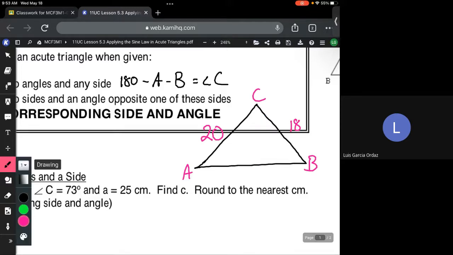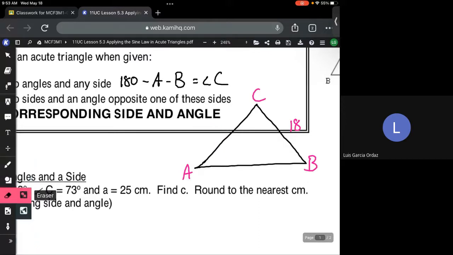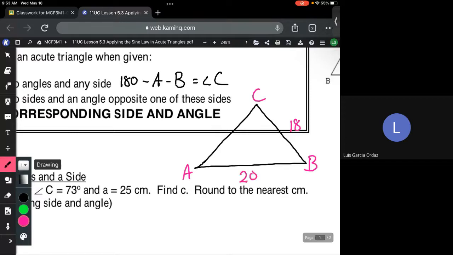We can use angle B. That's what I'm saying. You can use angle A or B. Because if you look across from it, it has a value for the side. Yep. So if the 20 is over here, Rita, then you can use angle C if it's given to you. Yep.